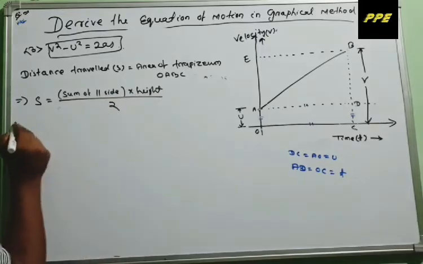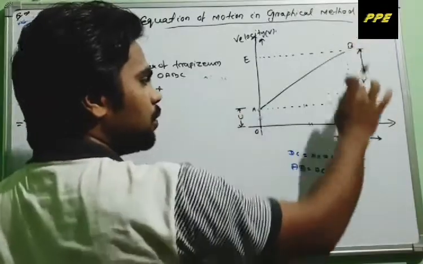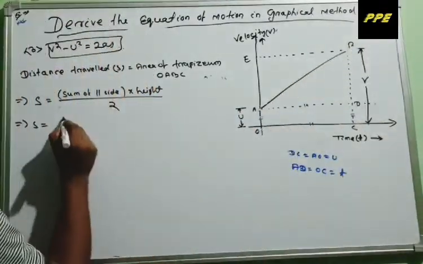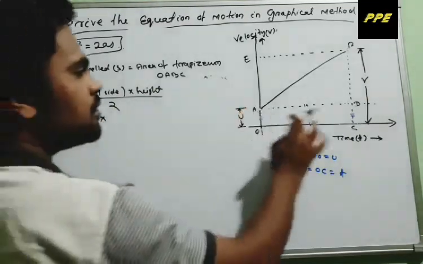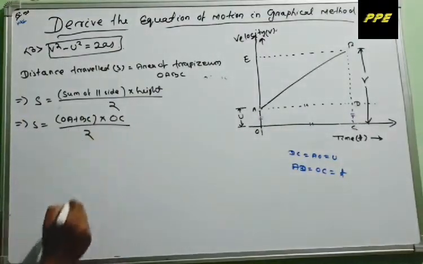Already know about that. OA is parallel to BC in the trapezium OABC. So I can write OA plus BC into height OC, divided by 2. Clear or not?